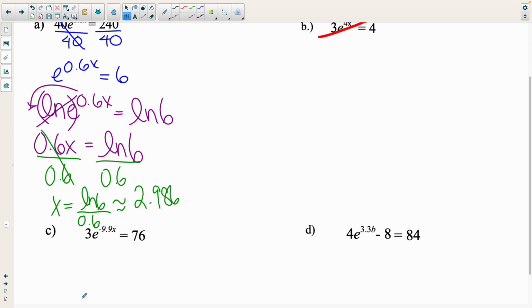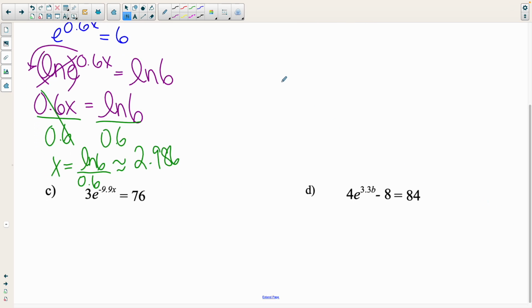So here, if I go to divide both sides by 3, right, and then in my calculator, I would do 76 divided by 3, and it's a decimal. So if you approximated that, it's now suddenly not exact anymore. So if you get a decimal, just go back to what the fraction was. Leave it like that, because then it's exact, and then we only round at the very end.